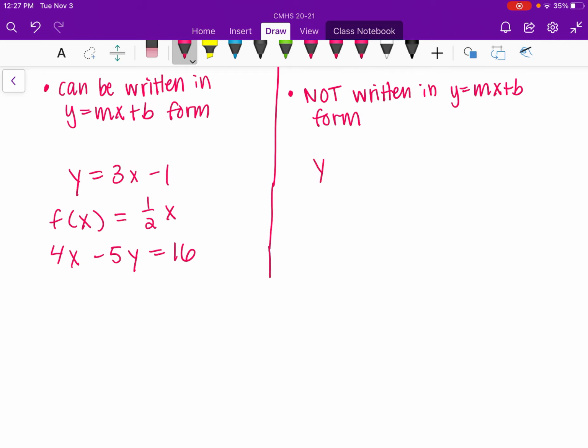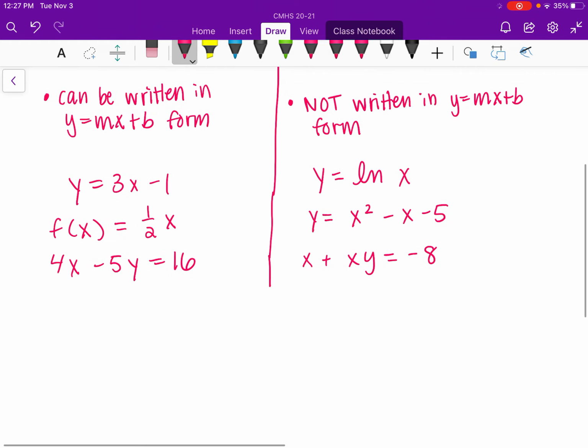Over here, we have y equals ln, or natural log of x. Y equals x squared minus x minus 5. And x plus xy equals -8. All of these will not form a straight line when they're graphed.